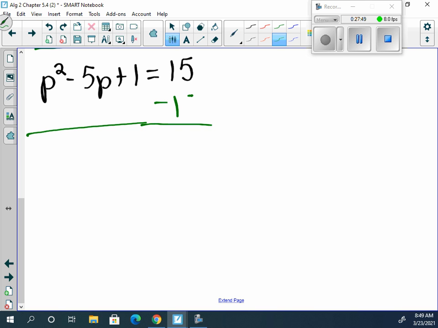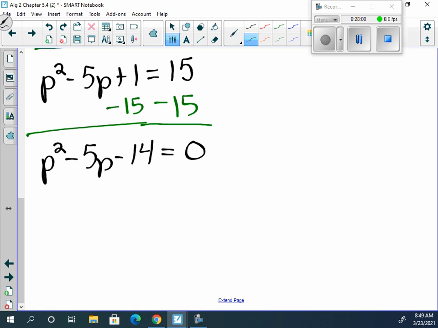If we wouldn't minus 14, we would. And if we minus 15 from both sides, then it gives me the negative 14. Are we good how we got to this point here? Yes?